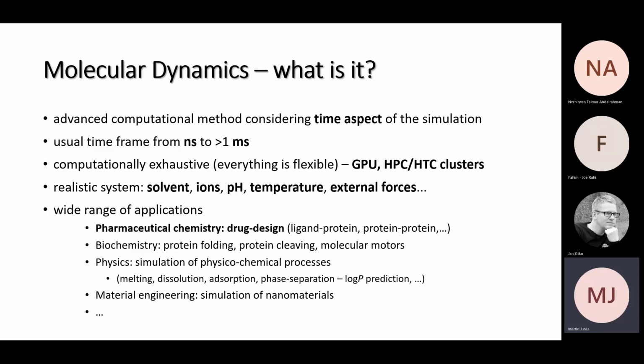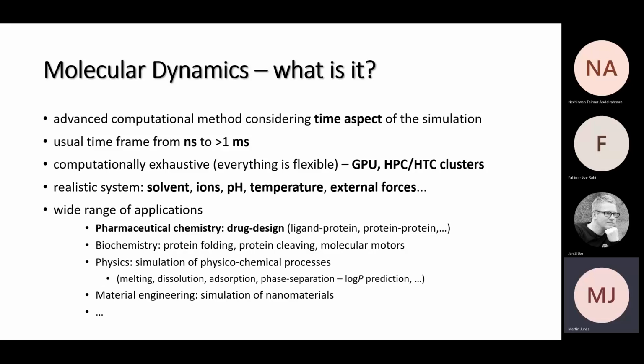That's usually sufficient for a majority of information we need to get. Computationally, it's very expensive. Usually we need high performance or high throughput clusters. That is the HPC and the HTC you see.